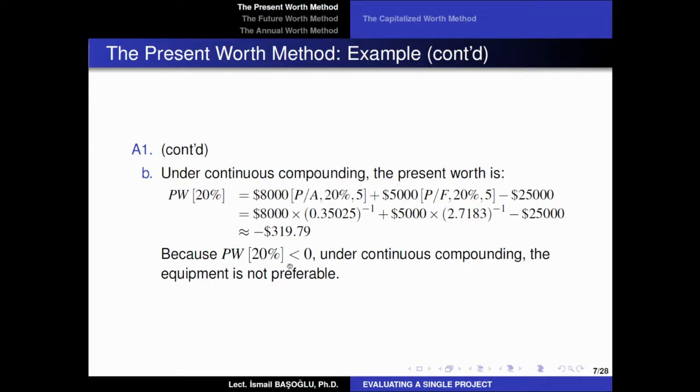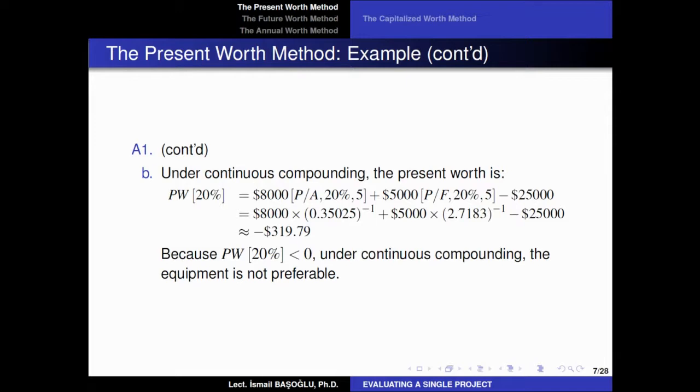So this means if we assume a continuous compounding minimum attractive rate of return of 20%, then this investment is not economically justifiable, so we should not purchase that equipment. Okay, so it all depends on the minimum attractive rate of return percentage and the compounding assumption of the organization.